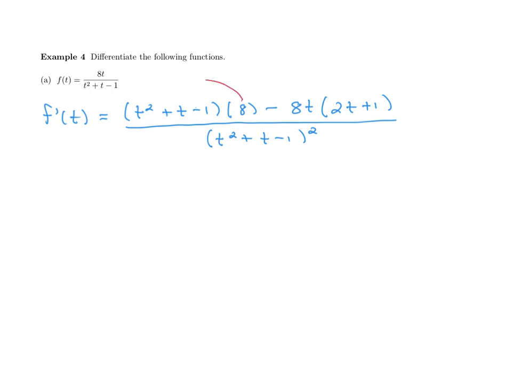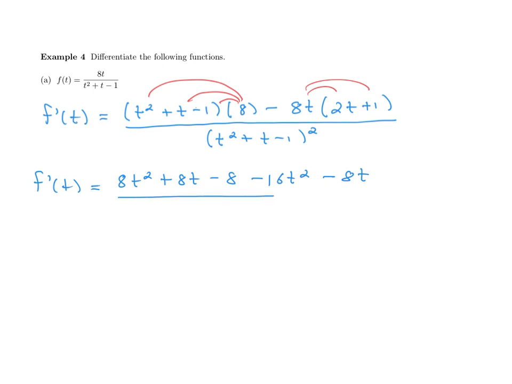So I will multiply in this 8, and I'll multiply in this negative 8t, and we'll see what we get. F prime of t is, we have 8t squared plus 8t minus 8, and then we have minus 16t squared minus 8t, all divided by t squared plus t minus 1 squared.